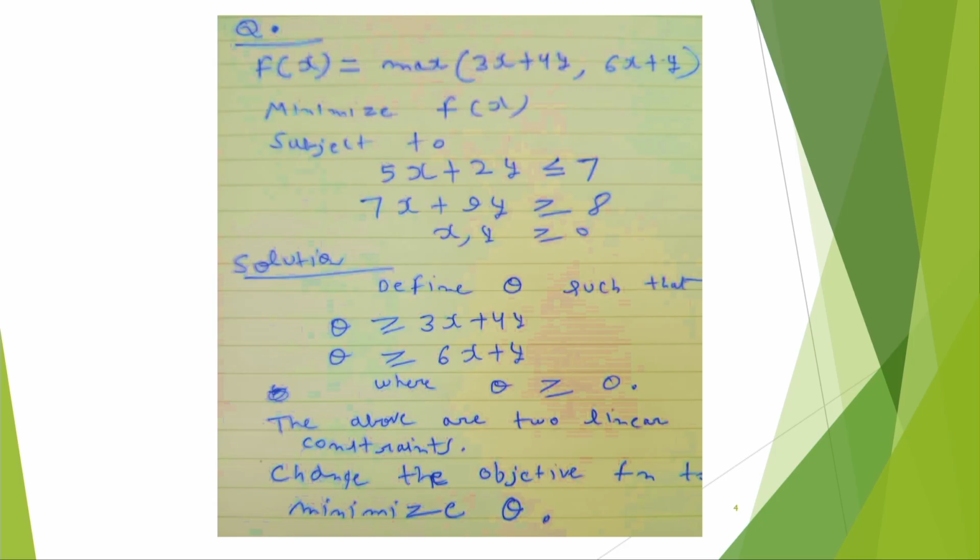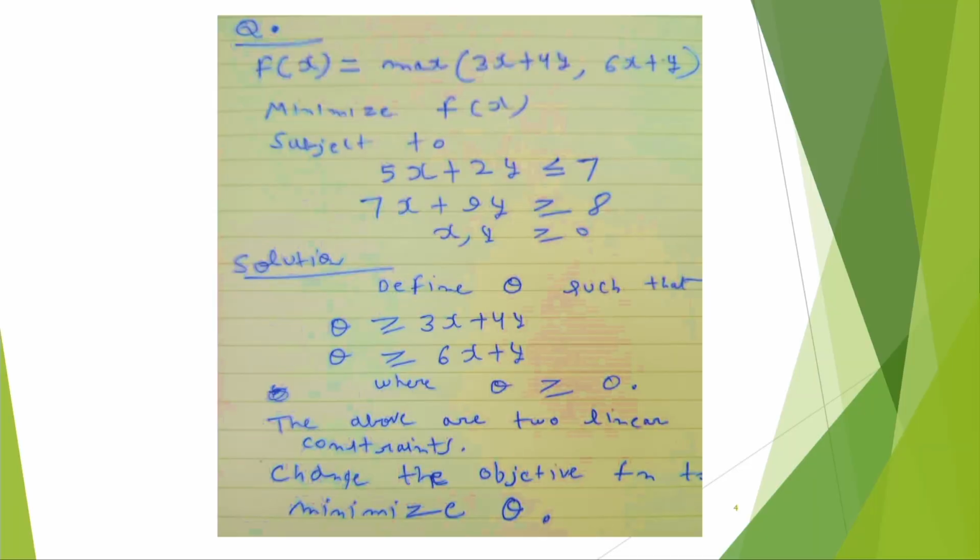That means for any particular value of x and y, you calculate 3x plus 4y, and you also calculate 6x plus y. Whichever is greater, that value has to be taken. So it is minimize f(x), subject to x plus 2y smaller or equal to 7, 7x plus 9y greater or equal to 8, and let us say x, y is greater than 0. How to solve that problem?